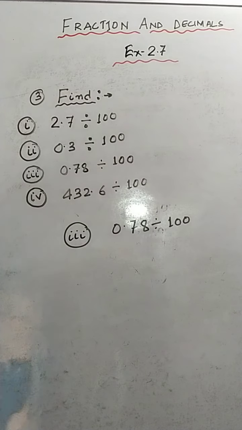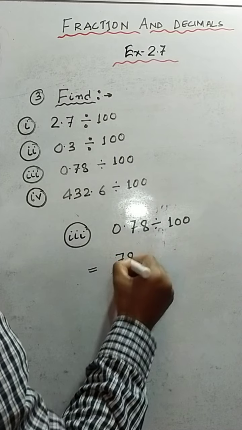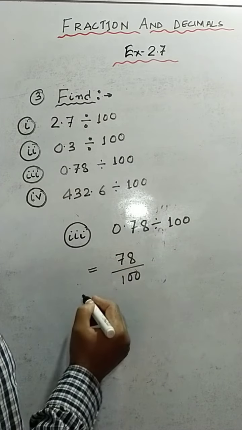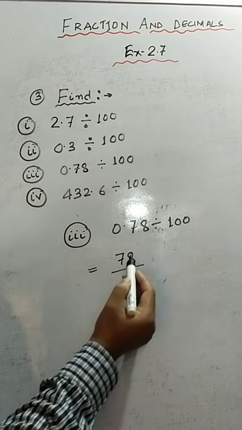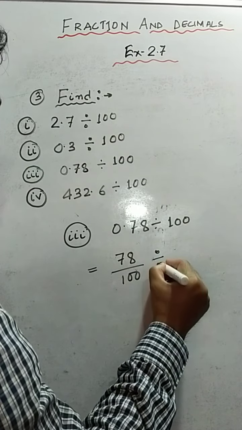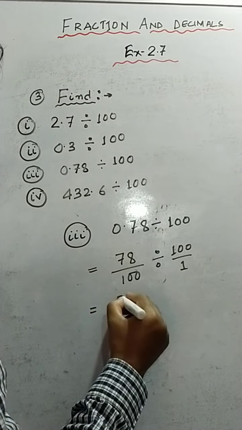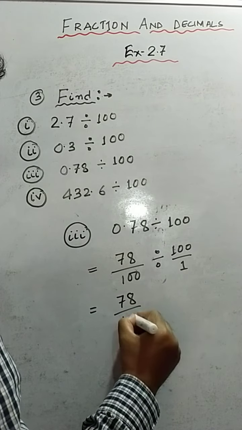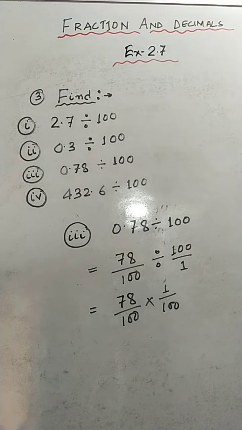Okay, now let's move on to sum number 3. We have 0.78 divided by 100. So we'll write 78 by 100. After the decimal we have how many digits? 2 digits. That is the reason we are dividing 78 by 100. We'll give the division sign, 100 by 1, and then 78 upon 100 into, it will be the reciprocal, that would be 1 by 100.